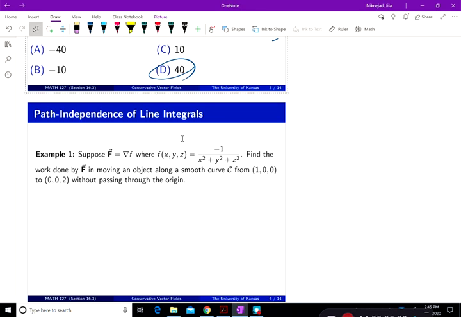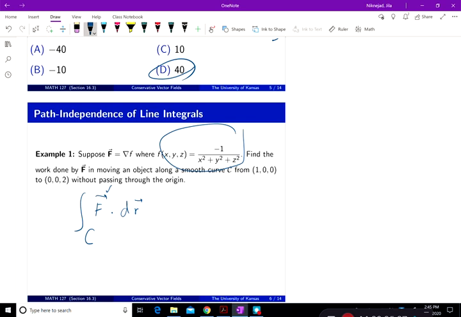So what is the formula for the work done? That is over the curve C, it's again the integral of F dot dr. I can calculate the vector field F by taking the derivative with respect to x, y, and z and finding the gradient vector.